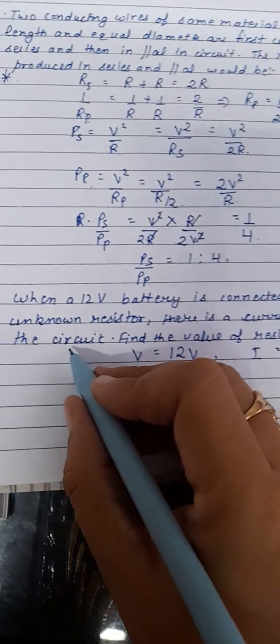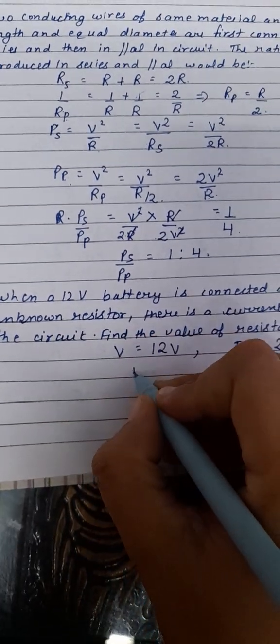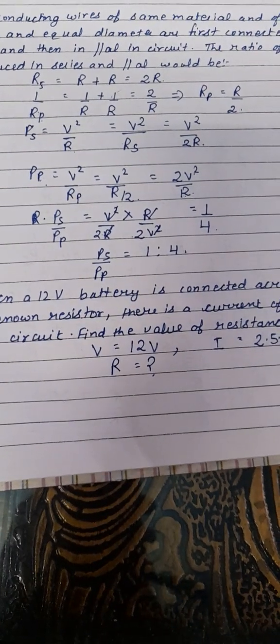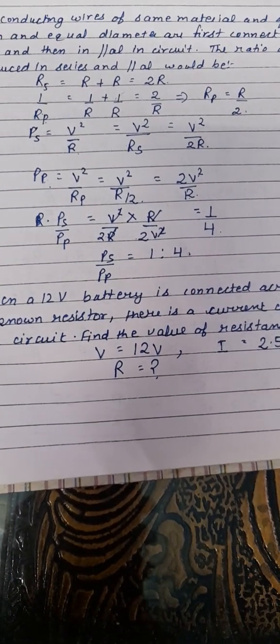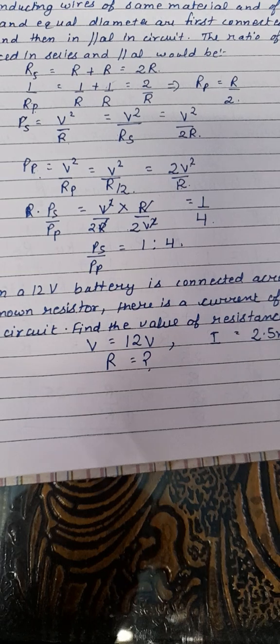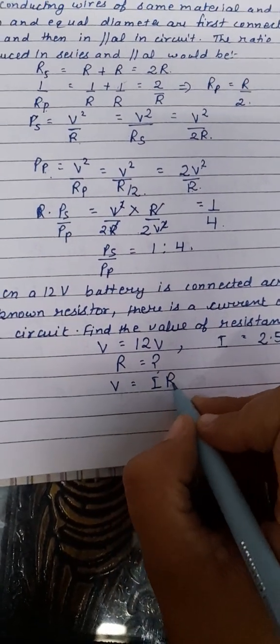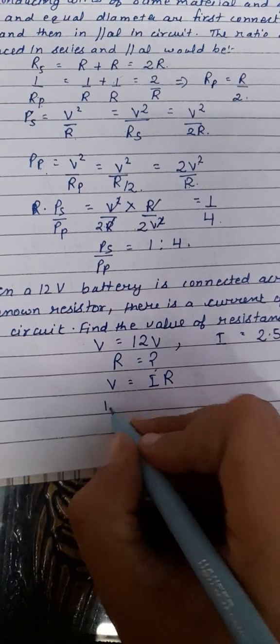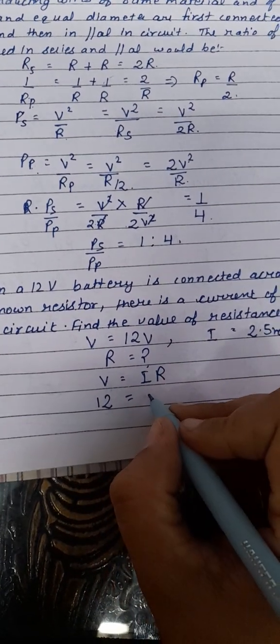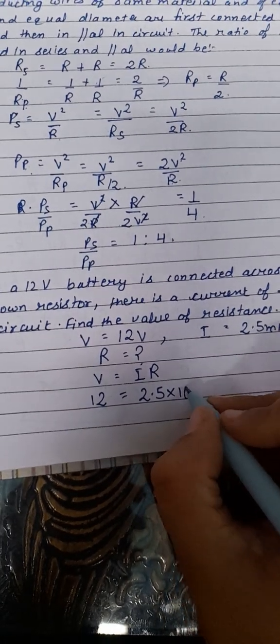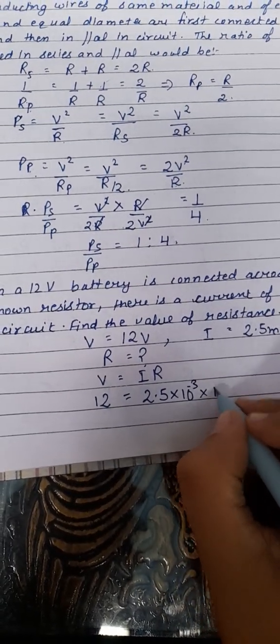Next, you have to find the unknown resistor, means you have to find R. According to the requirement of V, I, R, we use the formula, Ohm's law, V equals IR. Value of V is 12, that is equal to 2.5 into 10 raised to power minus 3 into R.